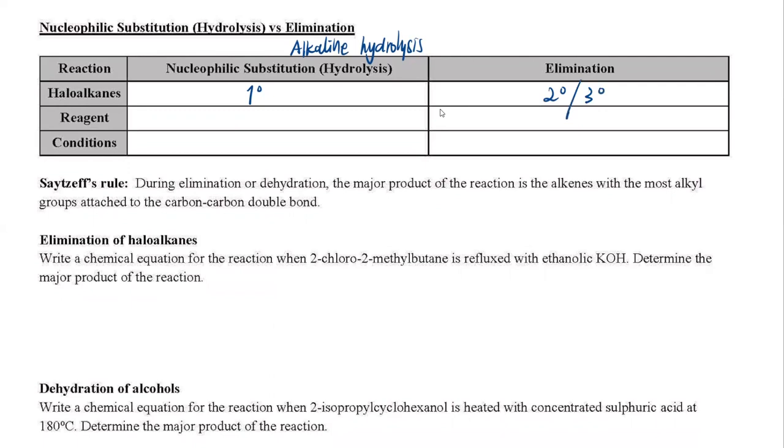All right, so the reagents we have will be sodium hydroxide and also potassium hydroxide. For elimination, we are using the same reagents, sodium hydroxide and potassium hydroxide, but in ethanol. Ethanol is the solvent for this.